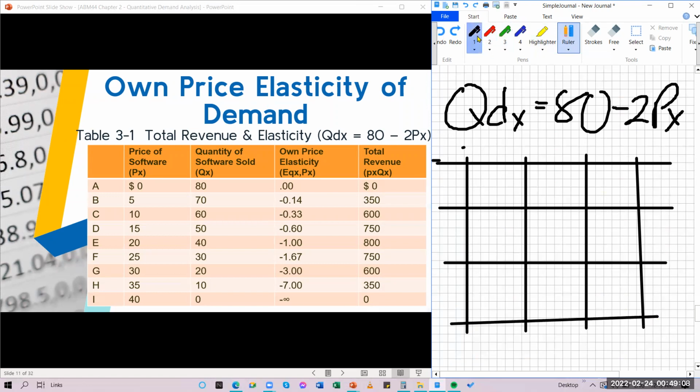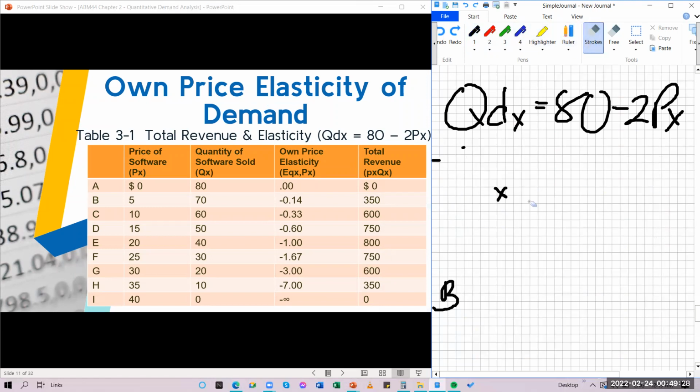For the first column, we have letters A, B, and C. The second column would be the price, and the third would be the quantity demanded. I think you are familiar with this.